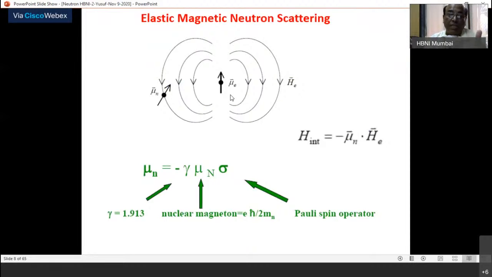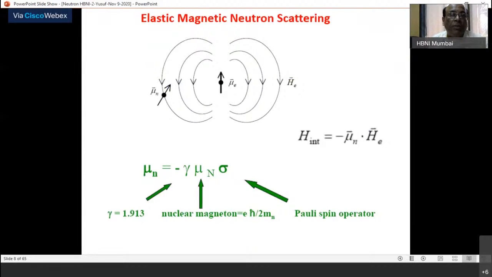Now the question I am raising to you: when the neutron interacts with this, how much moment will the neutron see? Will the neutron see the full moment or something else? The answer is that it does not see the full moment. How it comes is a big derivation.